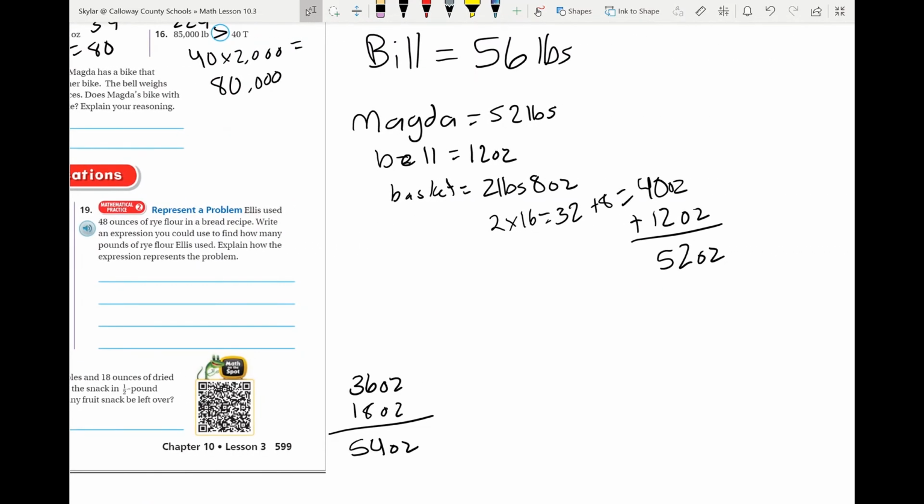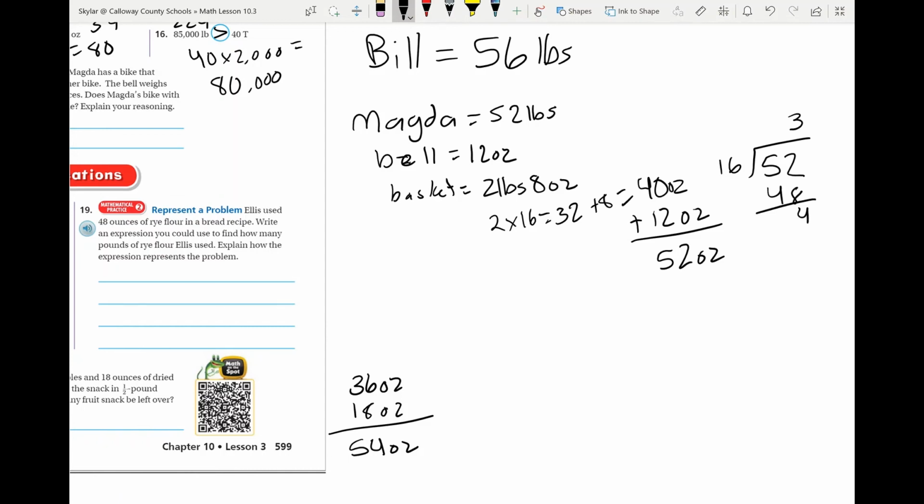So we have 52 ounces and 52 pounds for Magda. So we know that there are 16 ounces in a pound. So we can divide that 52 by 16. If we do that, we will get 3, which is 48, and you'll have 4 left over.